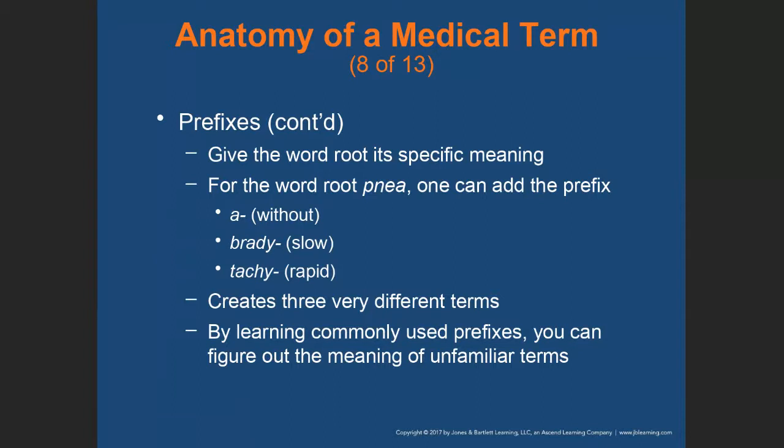If we add the prefix tachy, tachy means rapid or fast. If we add tachy to pnea, it becomes tachypnea. Tachypnea is rapid breathing. So you can see from the example, by adding 3 different prefixes, we have changed the concept of the word root, pnea. By learning commonly used prefixes, you can figure out the meaning of unfamiliar terms.